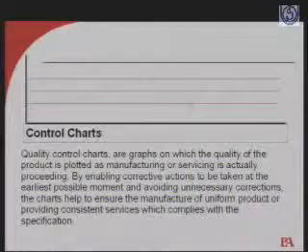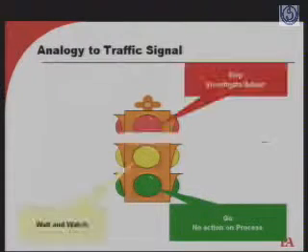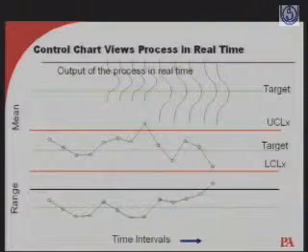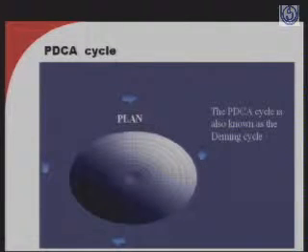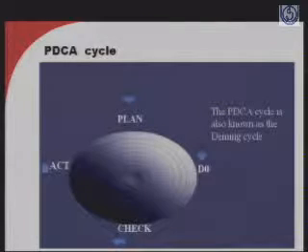Similarly, in some cases, people do control charts. Control charts are charts which are just like your traffic signal. By doing a control chart, what can we do? We can always analyze, in case of the complaint management system, what is the average time taken by our employees to rectify a fault or restore supply.